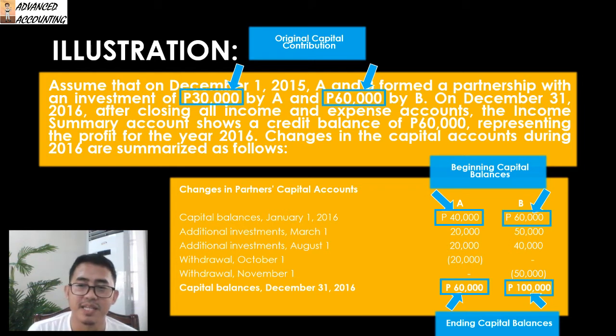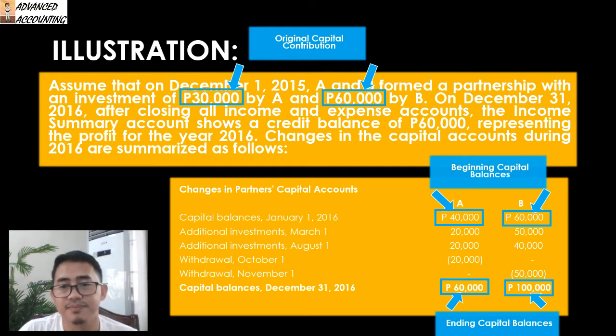When we say beginning balances, it's the balance of your capital on January 1 of that particular year. And lastly, the ending capital balances, shown on the bottom part: 60,000 for A and 100,000 for B. So ending capital balances is the balance of the capital of the partners at the end of the year.